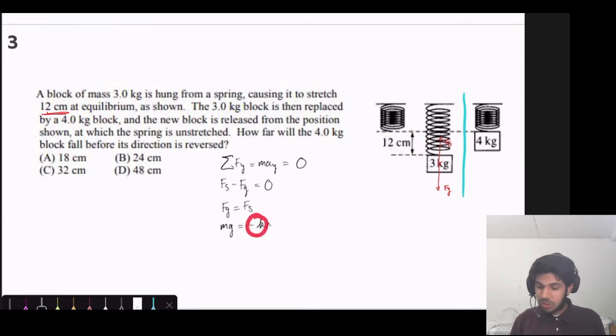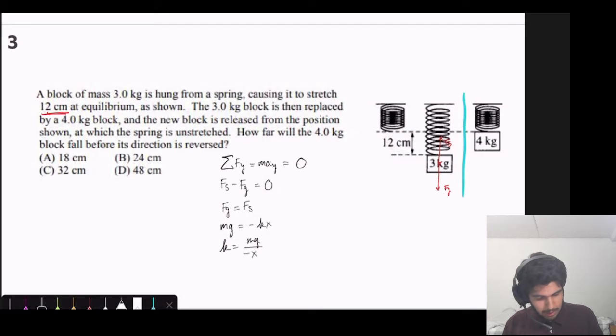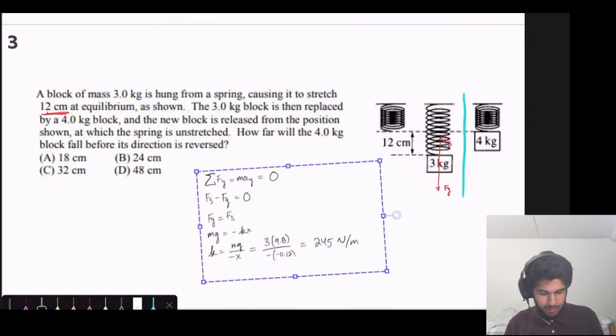So that means we can solve for k. So we'll get k is equal to mg over negative x, and by substitution this is equal to 3 times 9.8 divided by this, and when we do this division we get 245 newtons per meter. So that is the spring constant that we found.